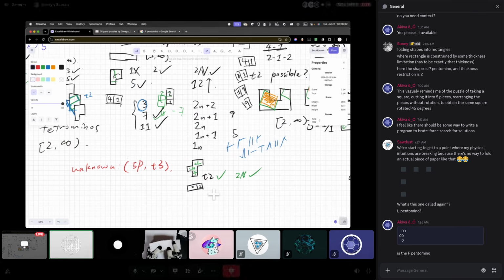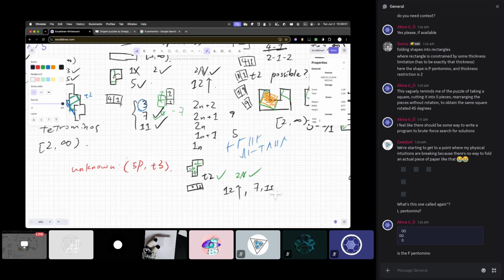So I will be able to resolve any cases 12 and up because that's just a reduction from 4-1, and then I'll also be able to do I believe 7 and 11, and also 9, because 9 goes from the 2n plus 1 of 4-1, and also 5, which means that all I'm left with is thickness 3.